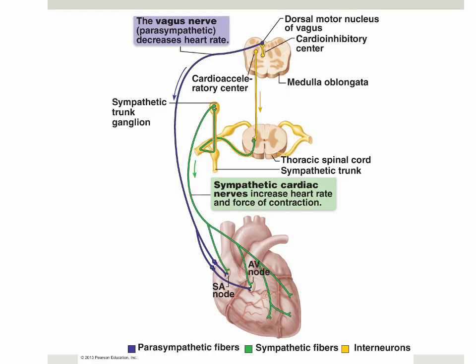So this is a little diagram. We have here our spinal cord, and a posterior area that is going to be inhibitory. In this other area of our nerves is going to be the sympathetic, which means increases.